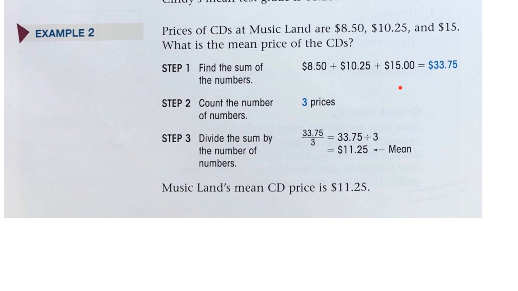There's 1, 2, 3 of them. So we've got 3 prices. Divide the sum by the number of numbers. So altogether is $33.75. Divide that into 3 parts, and we get $11.25 as the mean average. Musicland's mean CD price is $11.25.